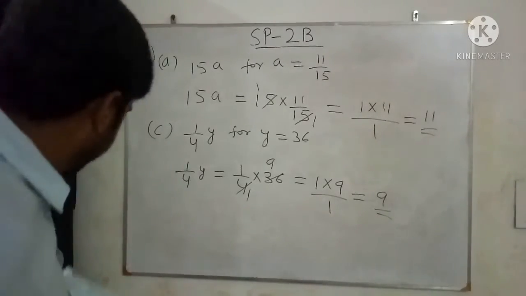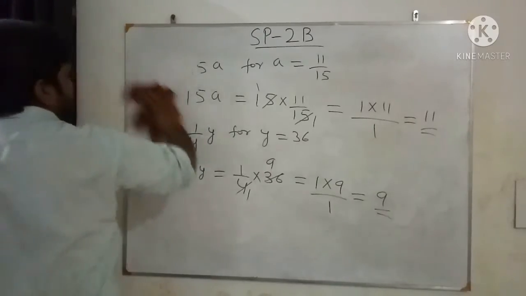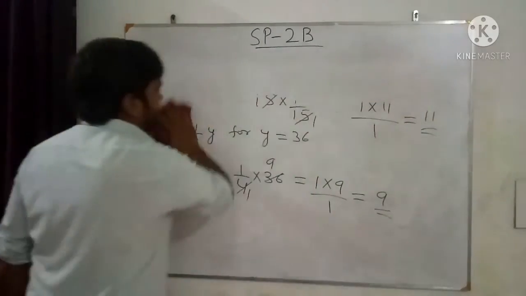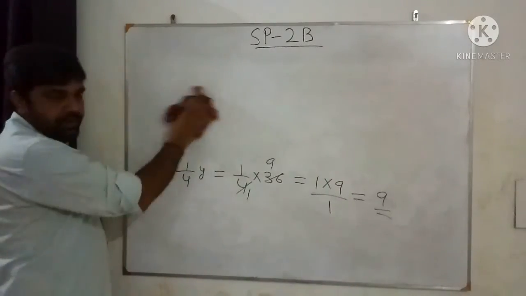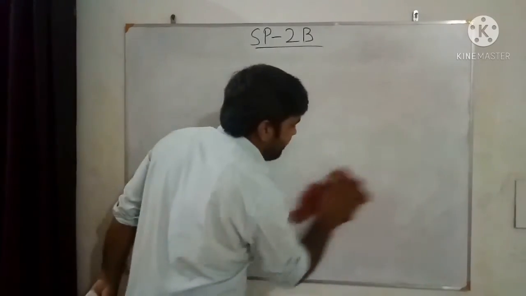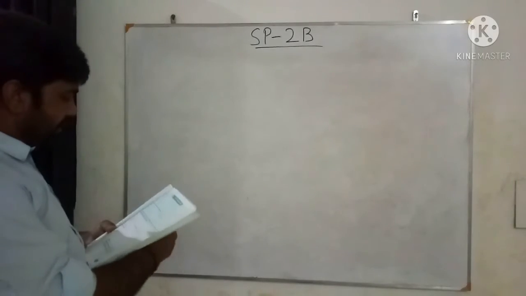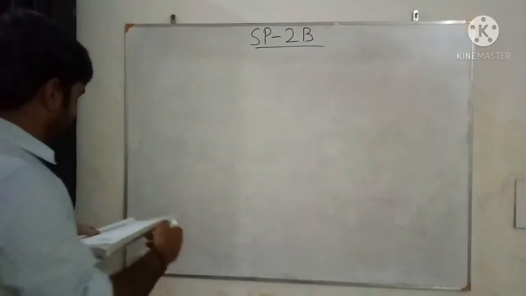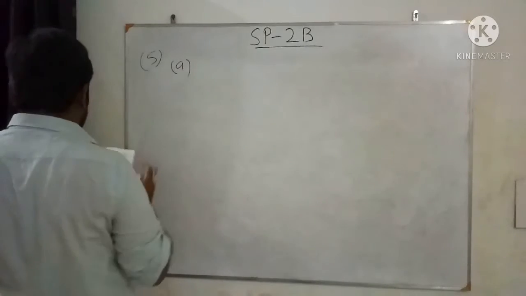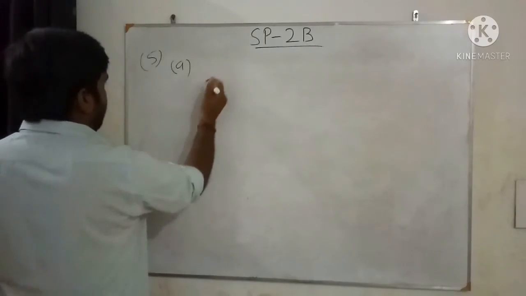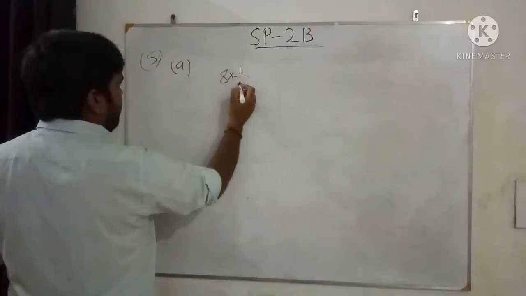So last question. Question number 5. Comparison, we have to do the comparison, less than, greater than or equals to, we have to put. So question number 5a, you see in 5a, 8 multiply 1 by 20.